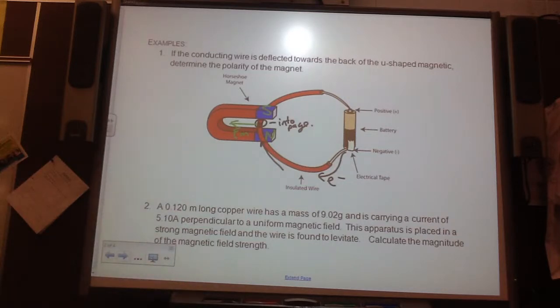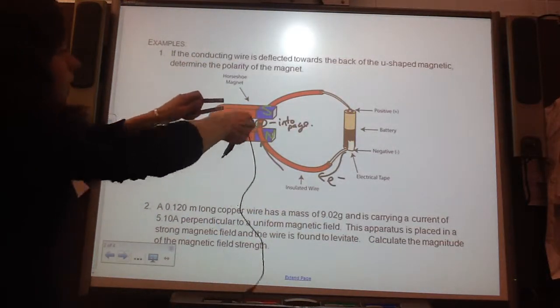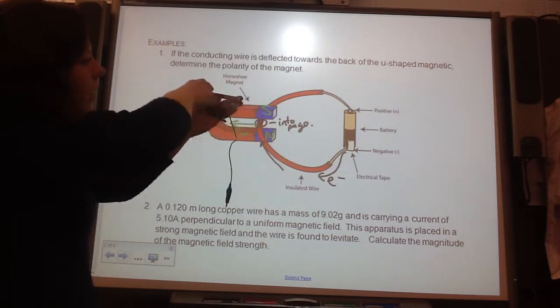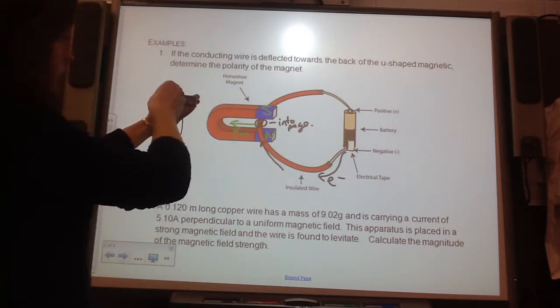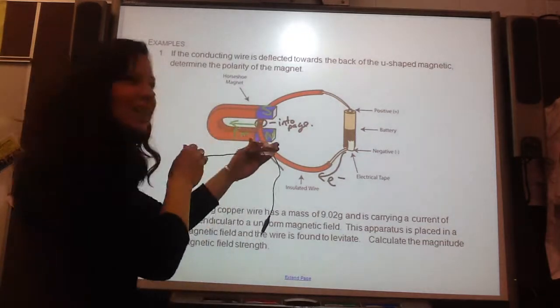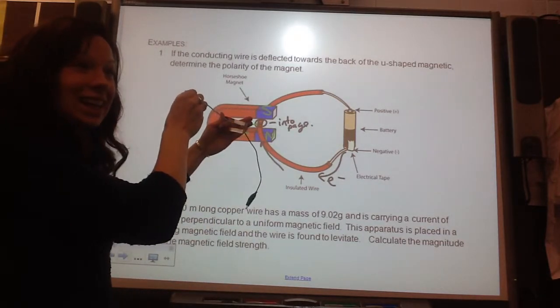So I'll maybe just give you a little visual here. So the way it's set up, if it's like this, and I have my wire like that, if I'm looking right in, the wire, the electrons are going this way, right? So it's into the page. Okay?